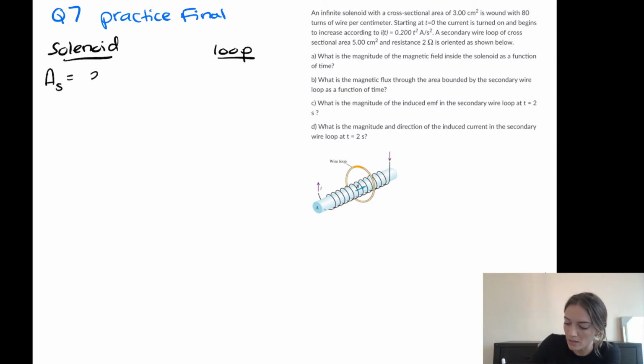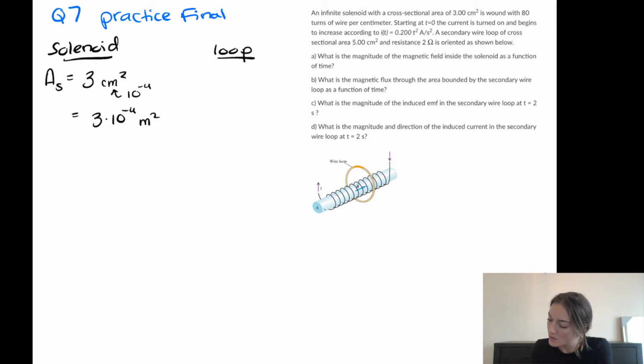Now I also immediately turn it into standard units. So 3 centimeters squared is 3 times 10 to the negative 4 meters squared, because remember, 1 centimeter squared is 10 to the negative 4, because it's 10 to the negative 2 squared. So the area of our solenoid is 3 times 10 to the negative 4 meters squared.